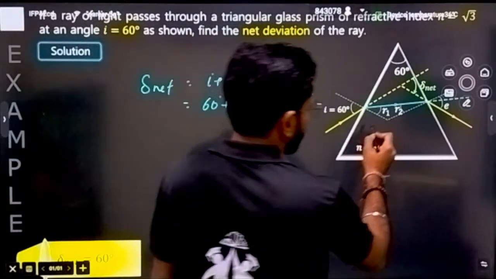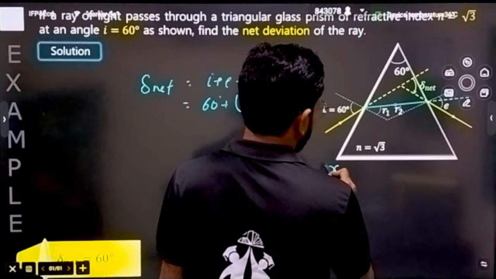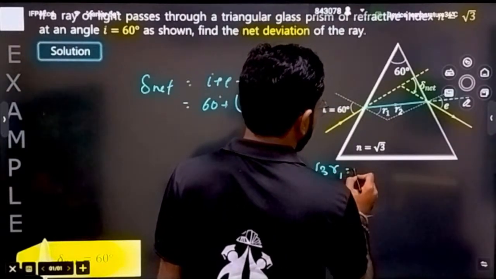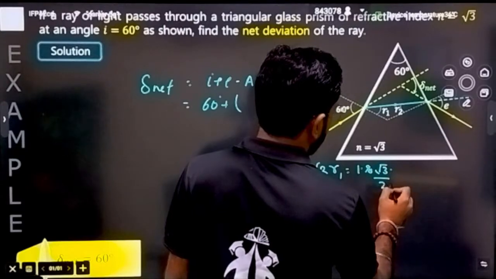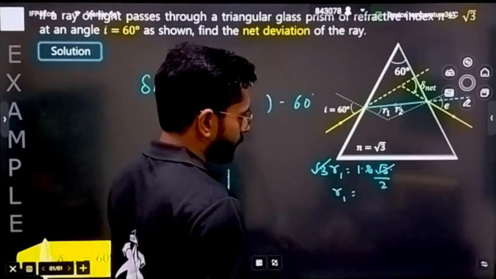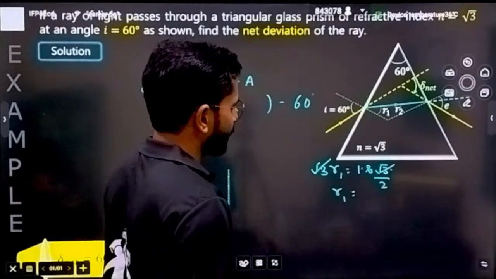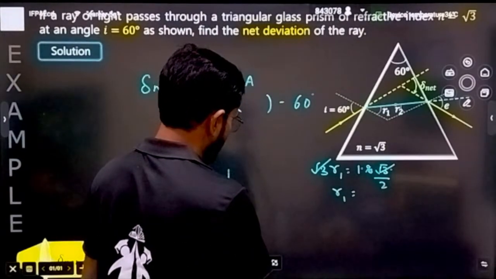Let's calculate. Firstly, tell me what will be R1. How will you write it? Root 3 is equal to 1 into sine of 60. Sine of 60 is equal to root 3 by 2. Write it properly.